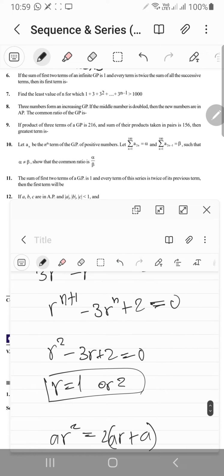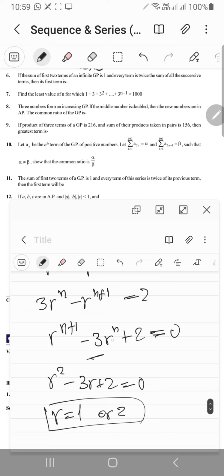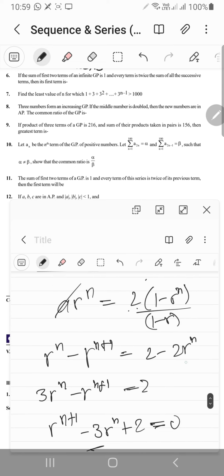Why is this so problematic? Why did this 3 come out of nowhere? That goes over there. Oh, come on. What's wrong? It should be n terms, right? Oh, this is n minus 1. Okay, that's where I went wrong. This is supposed to be n minus 1.